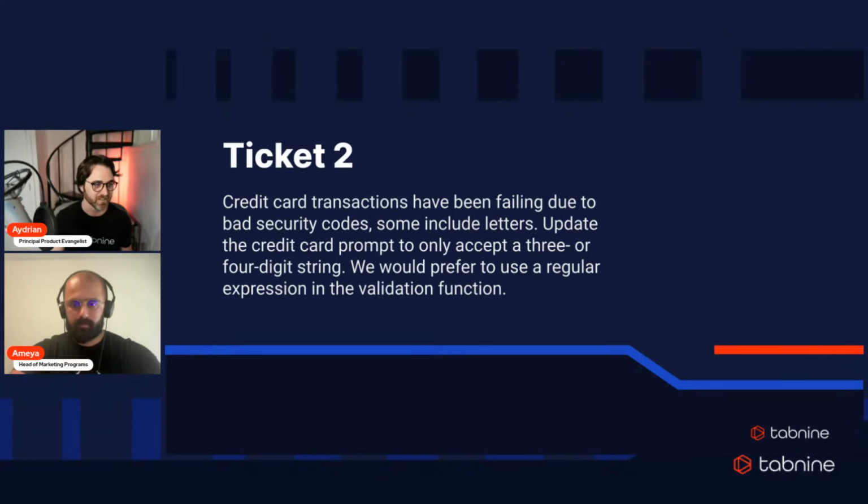So we're going to make sure that doesn't happen by making sure that we have validation for the credit card code here. So let me go to my little notes. First off, just like the last one, I've never done this before. I'm going to pretend I've never done this before, but we don't know where we prompt for credit card information. So because we have the context of the workspace, we can just ask again, where do we prompt for payment information?